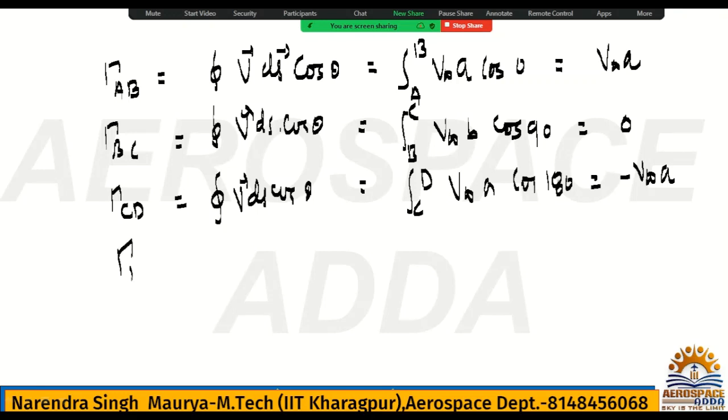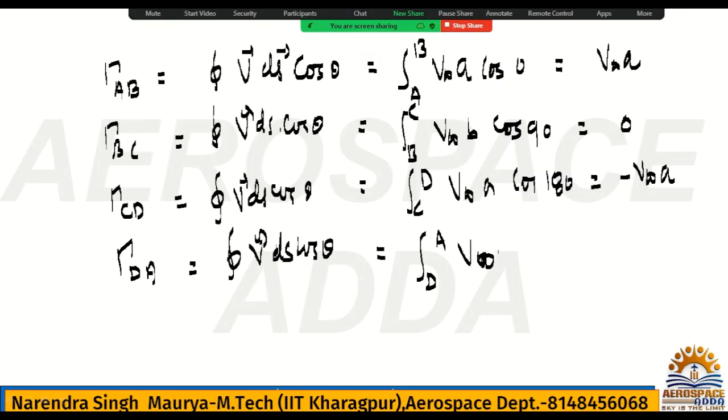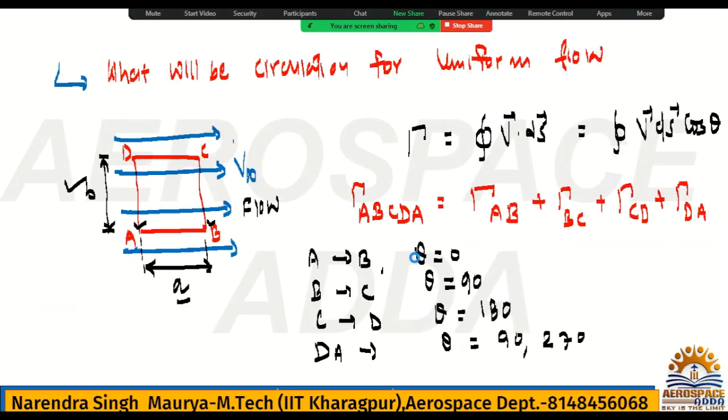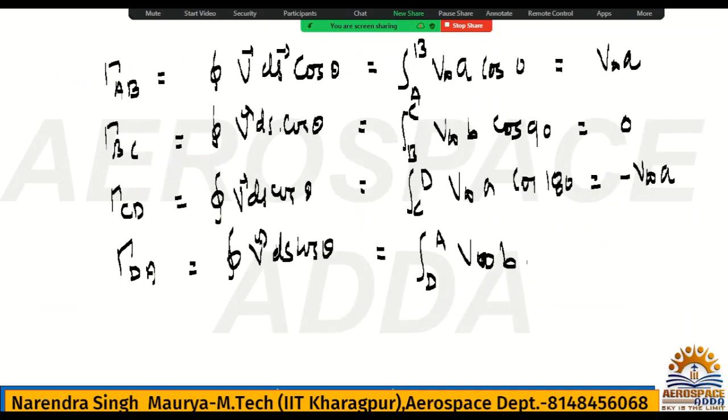Similarly, you go for D to A. The velocity is V infinity, and the side from D to A is B. The angle I told you is 180 plus 90, so you write 270, or it's your choice.